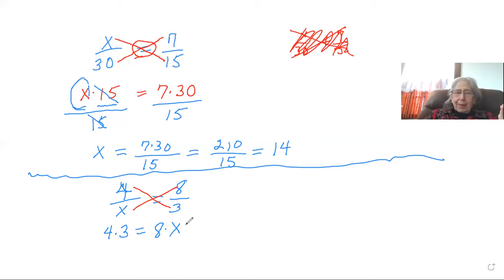If you've got 8 times x equals 4 times 3, that's the same equation, just fine. Now here's that x, and x wants to be alone, and it isn't because it's got an 8. And the 8 is multiplied. So we do the opposite. We divide by 8.